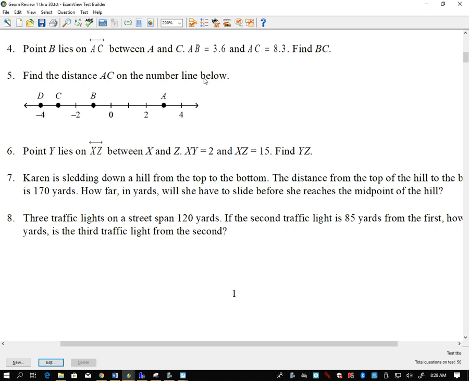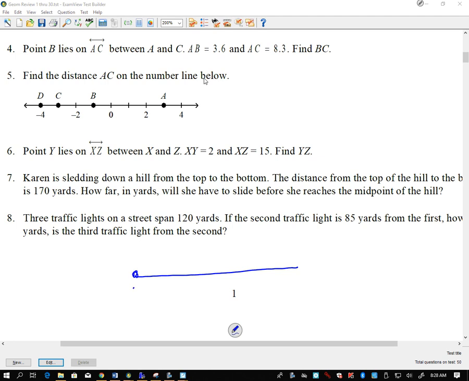Now the difference is that question number 1 on the test is algebraic. So they're going to tell you that there's a point on the line between 2 points, and they're going to give you the algebraic approximation. They're not going to draw you the picture.